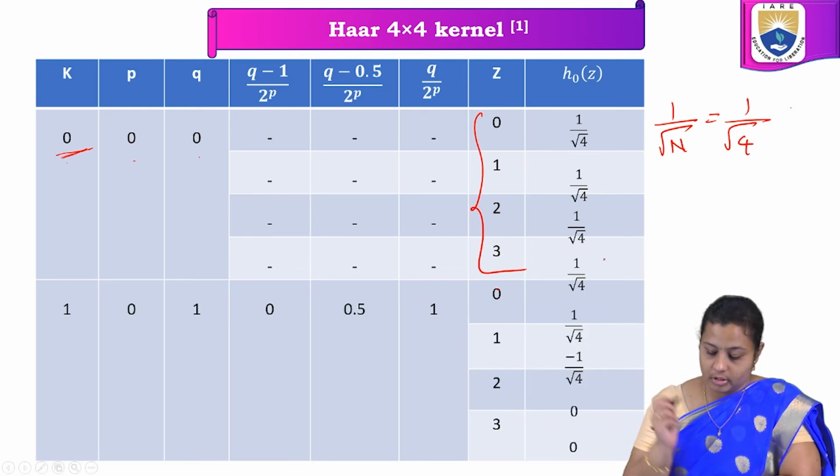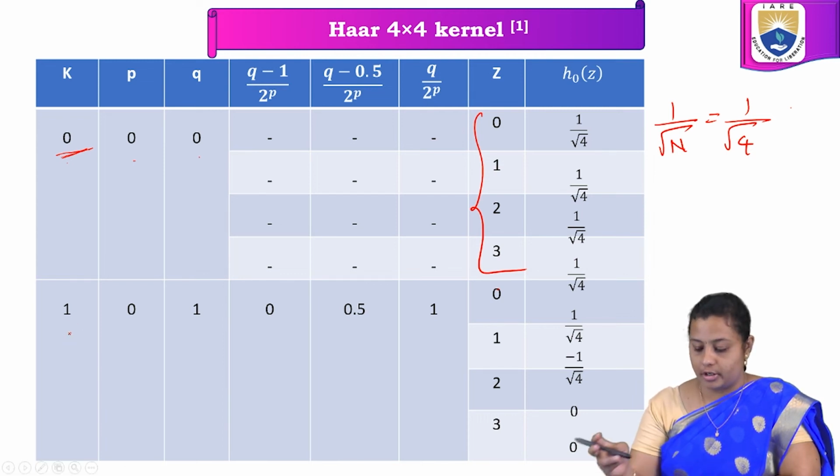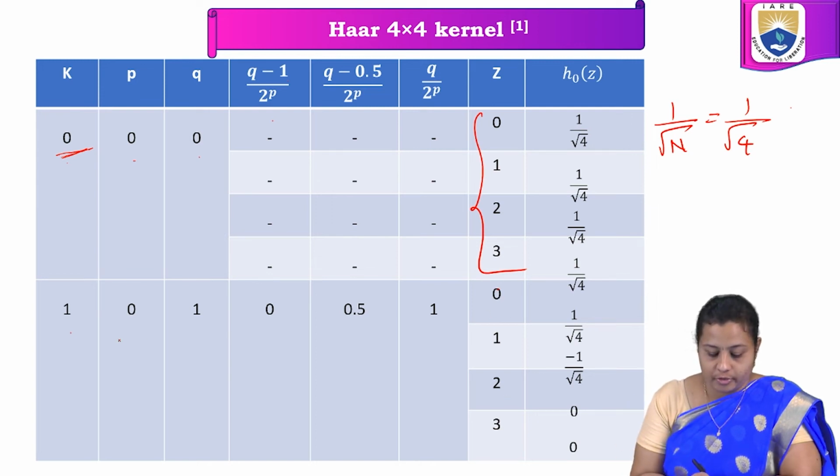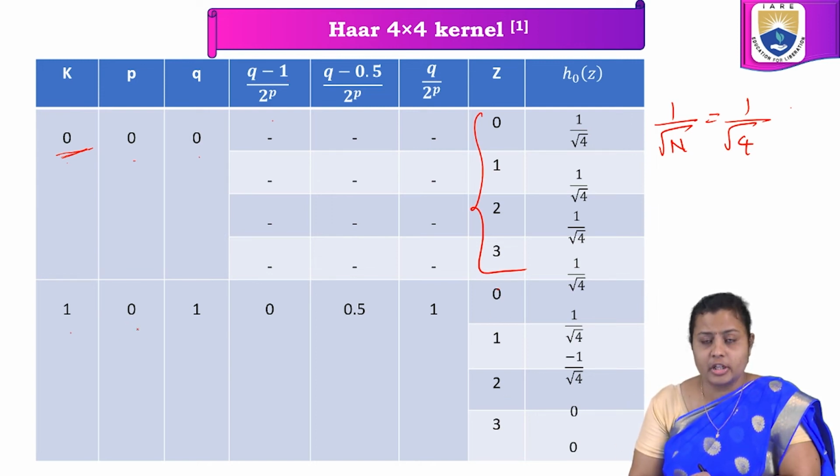Now, the question comes for when capital K is equal to 1. When capital K is equal to 1, we have to calculate the ranges (Q minus 1)/2^P, (Q minus 0.5)/2^P, and Q/2^P, and then we'll check which range Z is falling in. So here, when P is equal to 0, Q is equal to 1.